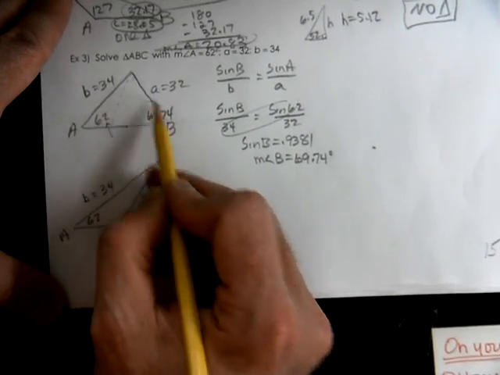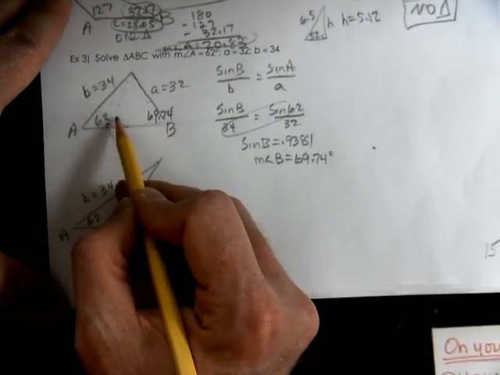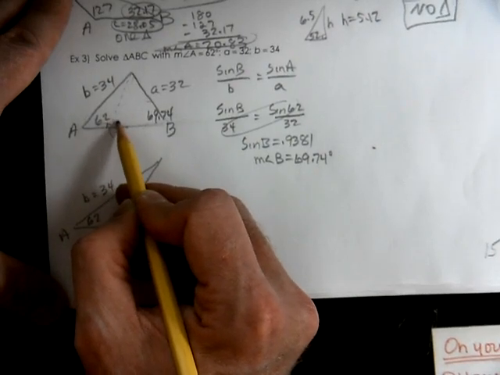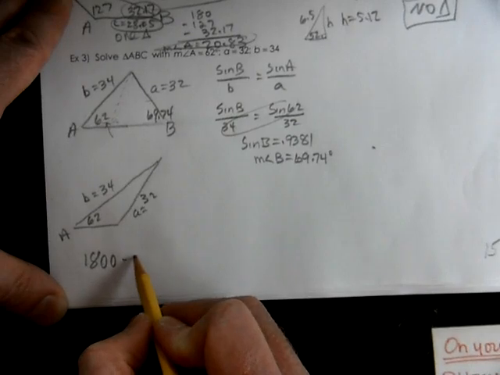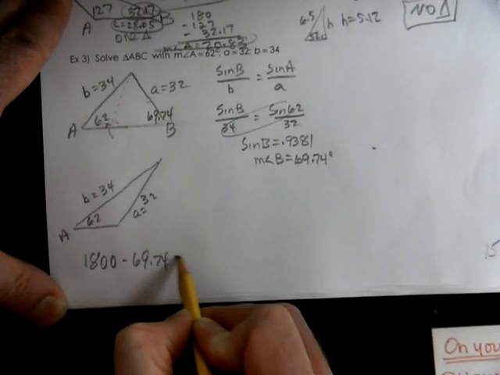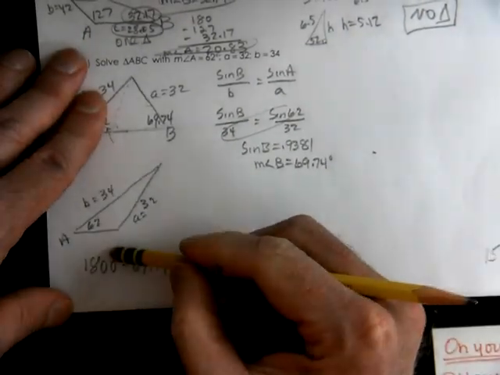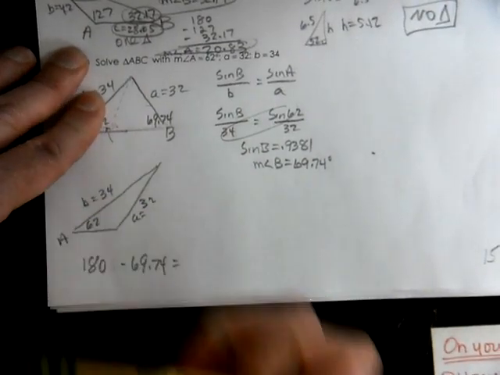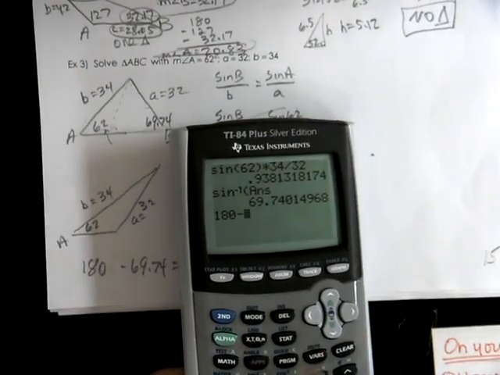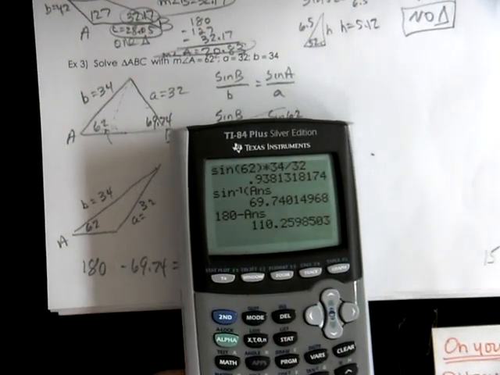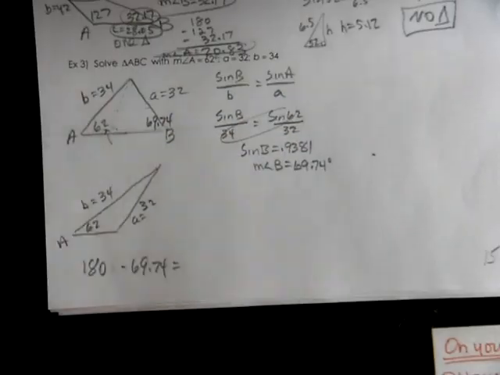Well, this is an isosceles triangle because the 32 is on both sides. So these are supplementary. So I need 180 minus 69.74. And I get 110.26.